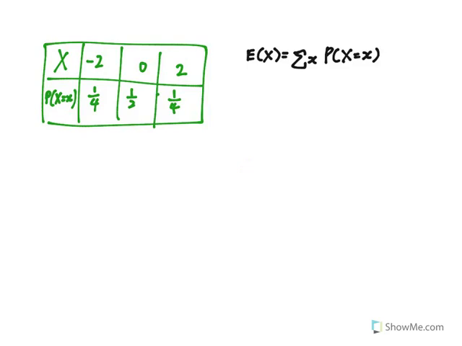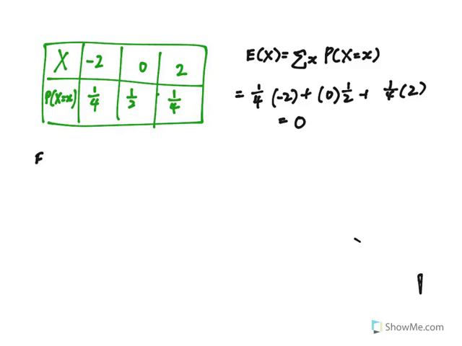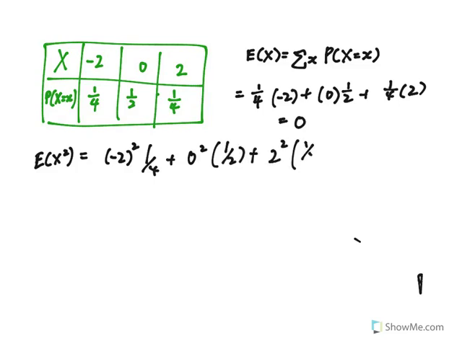And this is just 1/4 multiplied by -2, plus 0 multiplied by half, plus 1/4 multiplied by 2, which will give us 0. And how about E of X squared? E of X squared will just be equal to (-2) squared times 1/4, plus 0 squared times half, plus 2 squared times 1/4, which equals 2.